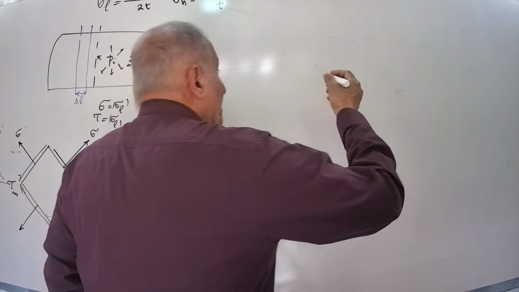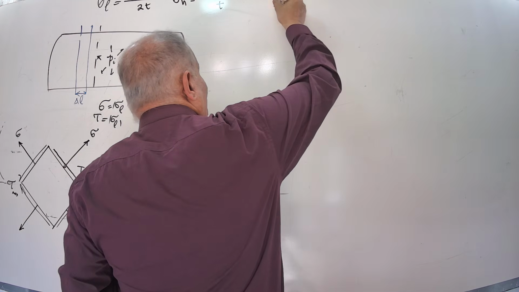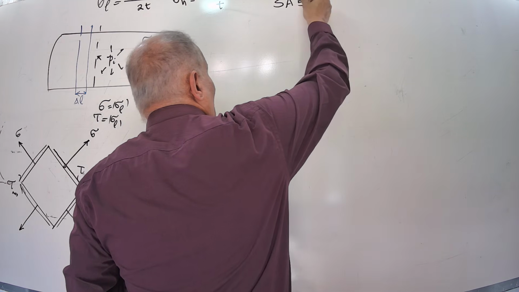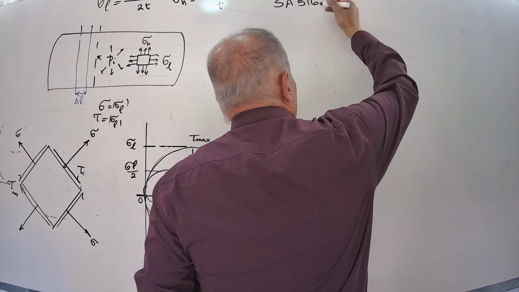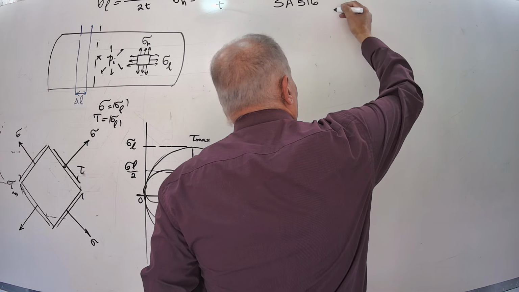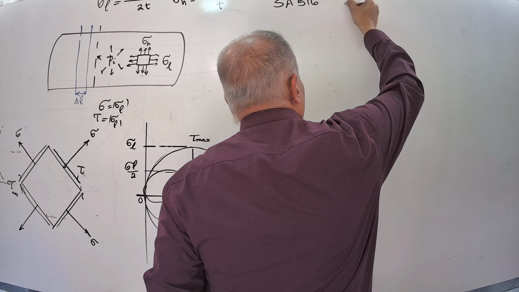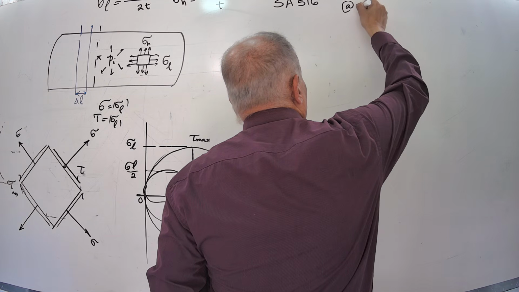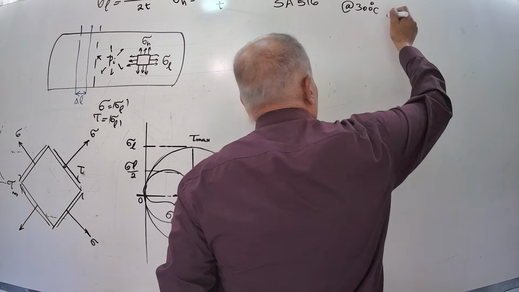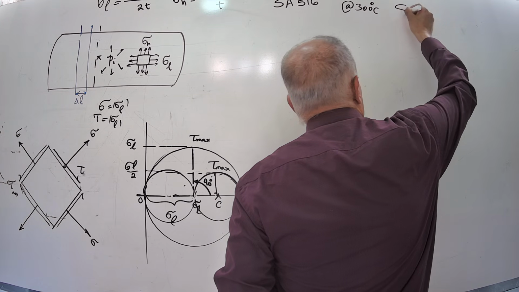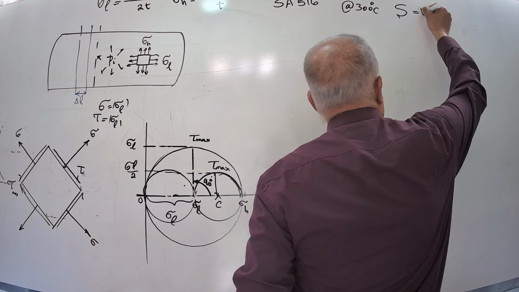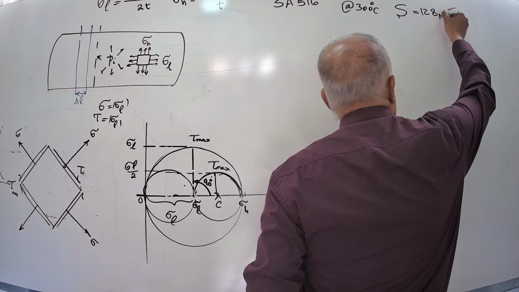For example, for pressure vessels they use SA516D, which is a plate used for pressure vessels, and at 300 degrees centigrade temperature, the allowable stress S is equal to 128 megapascal.